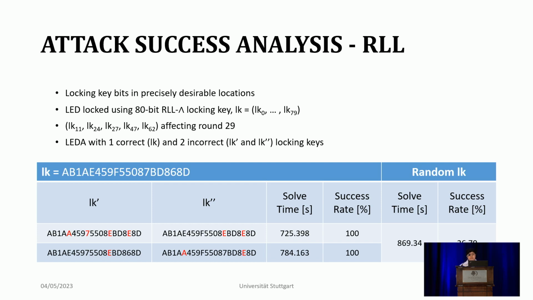We constructed an attack formula with incorrect locking keys that differ from the correct logic locking key, which is shown in the first row of the table here, at these specific key bits. In this case, we had a success rate of 100% compared to the 26% success rate that we had with randomly generated incorrect logic locking keys.